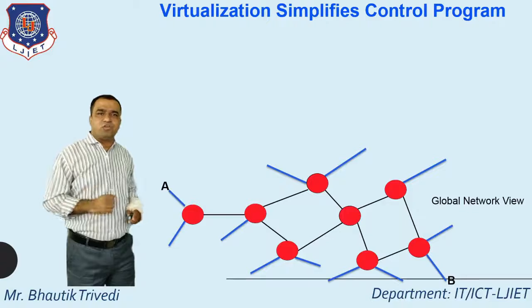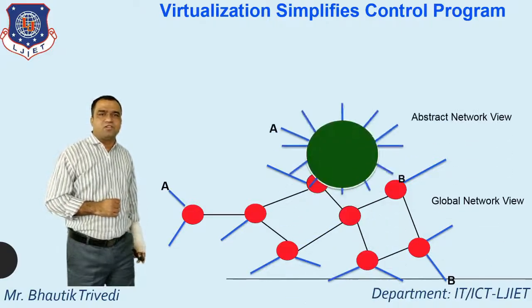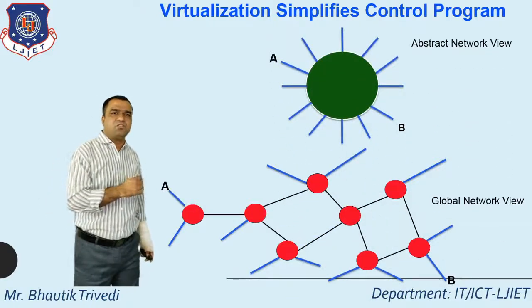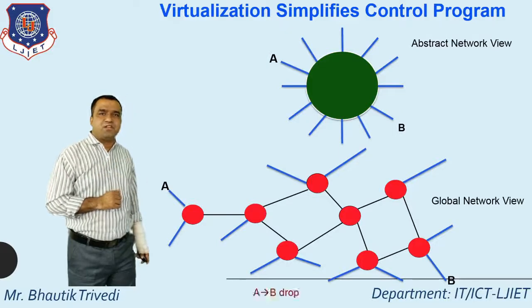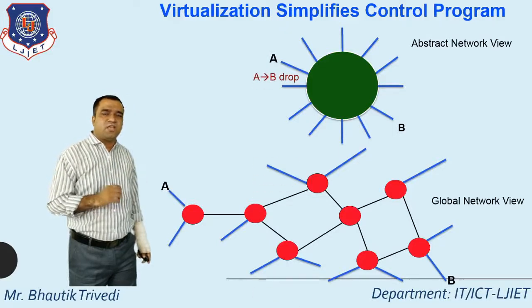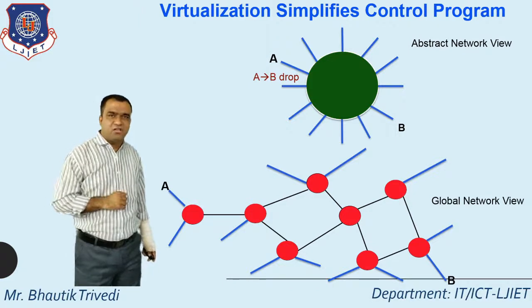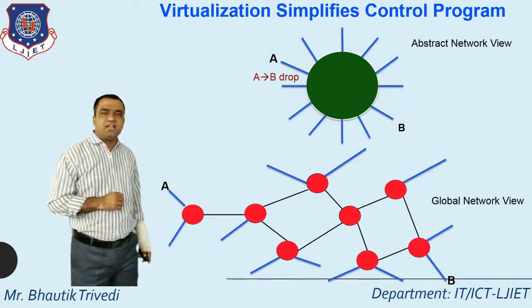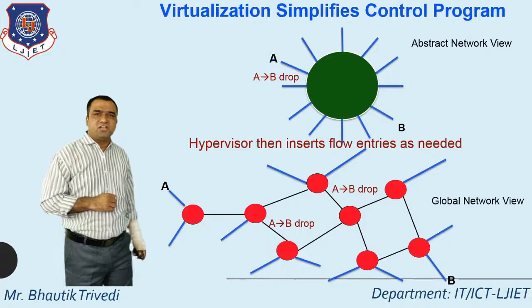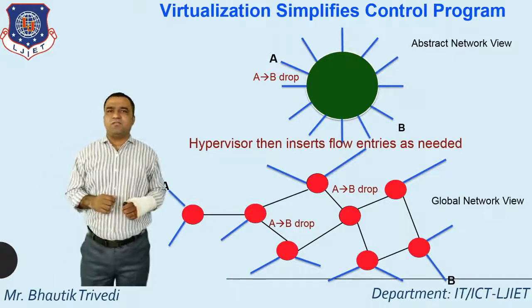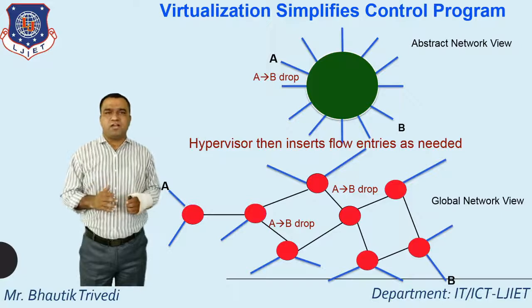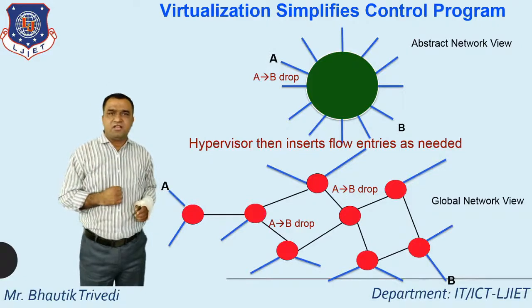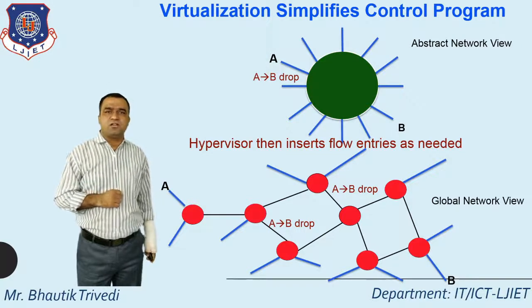After I apply the global network view, here I put the abstract network view. After putting the abstract network view, then I put the A to B dropping at each and every state. So what's the functionality of the hypervisor? Hypervisor directly inserts the flow entry when needed into the virtualization part.